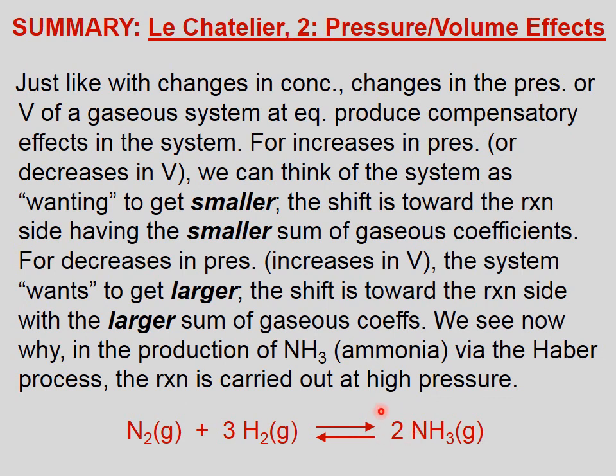We have 2 moles of gas on the product side, and on the reactant side we have 3 plus 1 is 4. So if we're trying to produce NH3, we certainly want to exert as high a pressure as we can so as to continually push that equilibrium towards the product side.